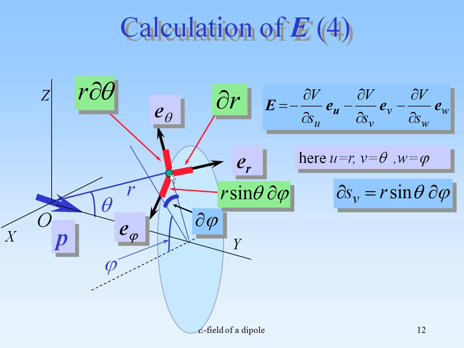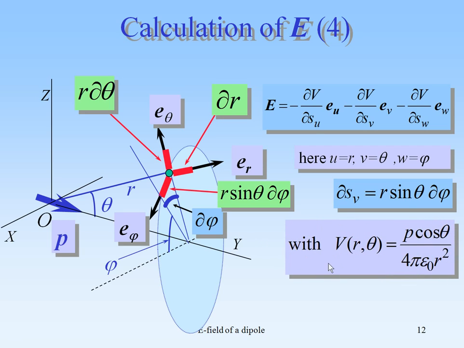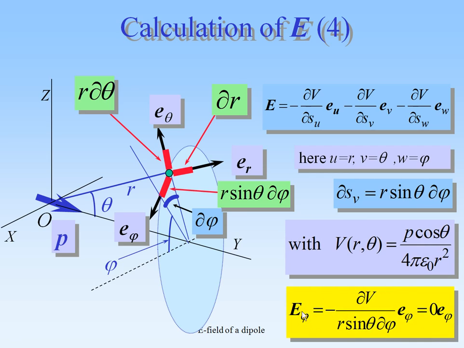This is r sine theta. Here, r sine theta d phi. And this means that with the expression for V, E phi is minus dV over r sine theta d phi. E phi is 0, because dV d phi is 0. There is no phi in the V expression, so it is 0.